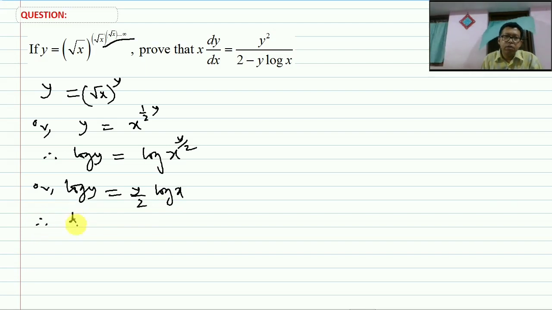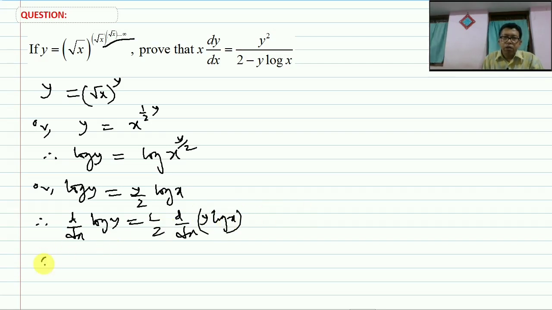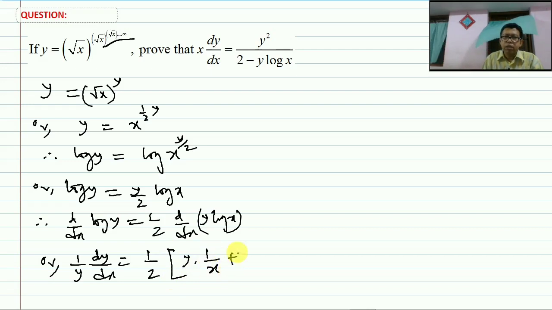So d/dx of log of y is equal to half d/dx of y log of x, or 1/y dy/dx on the left, and on the right side half as usual, y into 1/x plus derivative of y, dy/dx, into log of x, no change.